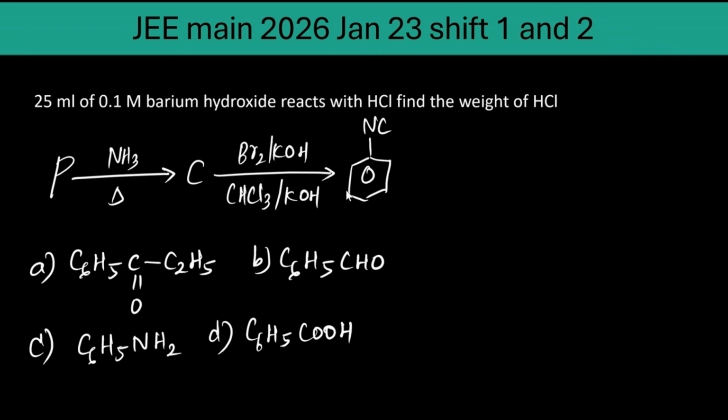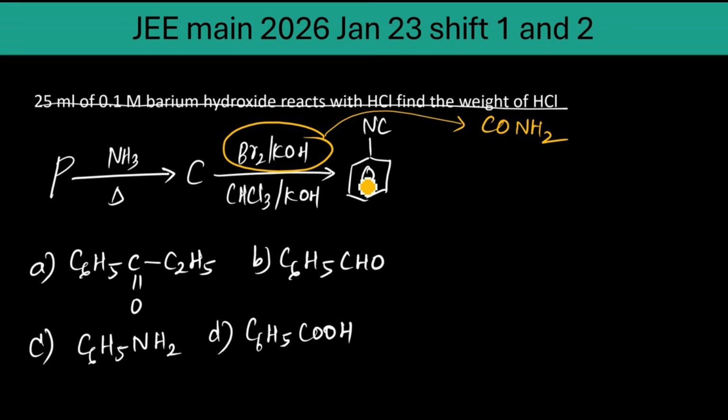The next one. P reacts with NH3 to form Q, and Q is reacting with Br2/KOH and CHCl3/KOH to form a compound. What they are asking is, what is P? So as you can see, the first one is the Hoffmann bromamide degradation, so there must be a CONH2 amide group, right?